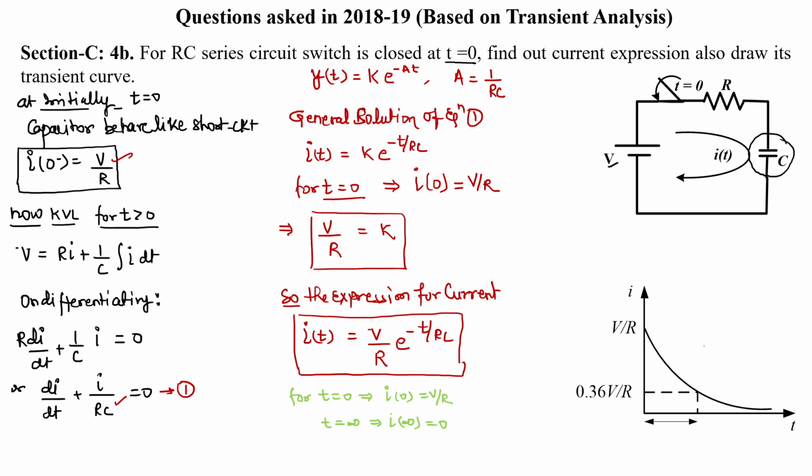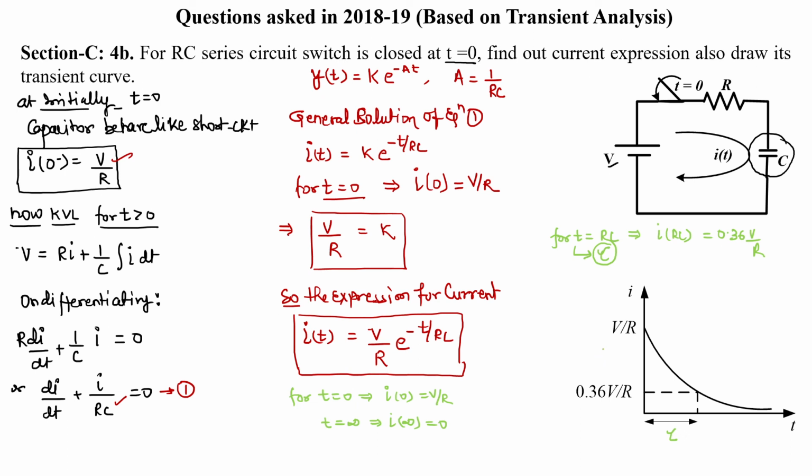current may be drawn like this. Current profile कैसा होगा, इस तरीके से बनेगा, where for t equals RC, the value of current equals 0.36 V divided by R, and this value is known as the time constant of the RC circuit.